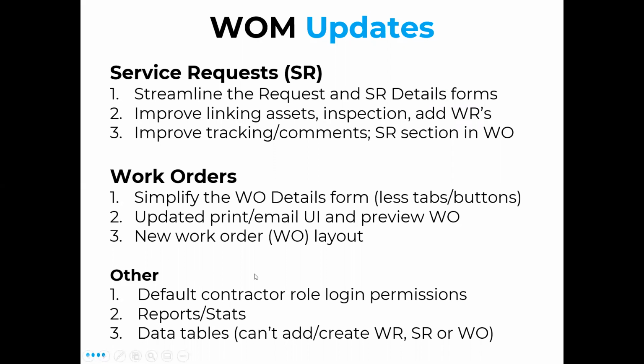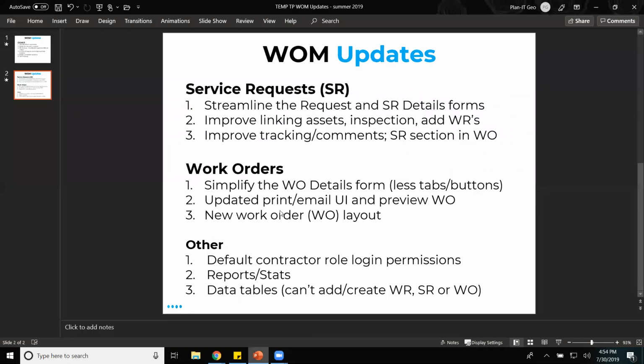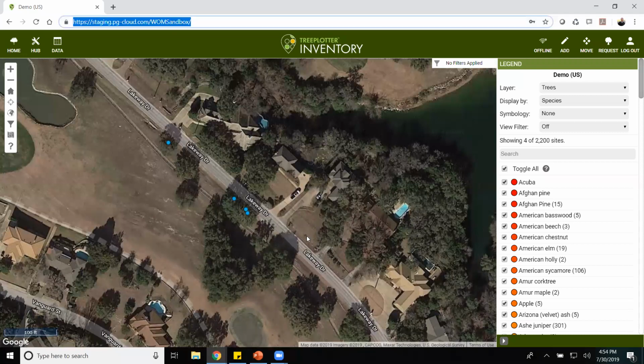We also have a lot of new reports and dashboard information for work orders and service requests. I'm not going to demonstrate that either, but those are good updates and ongoing as well. And then the last one is, again, reducing the number of ways to create work. So we've removed that from the data tables.